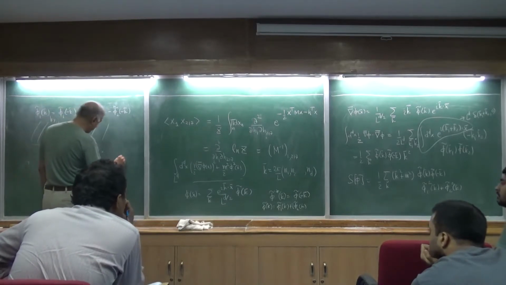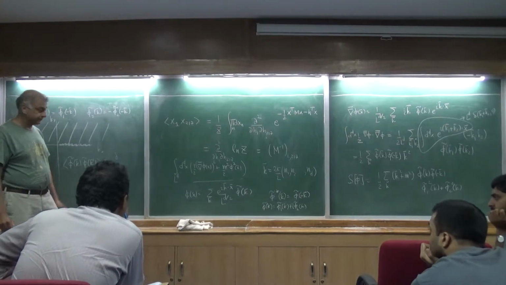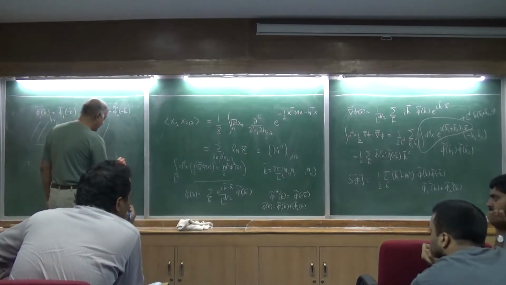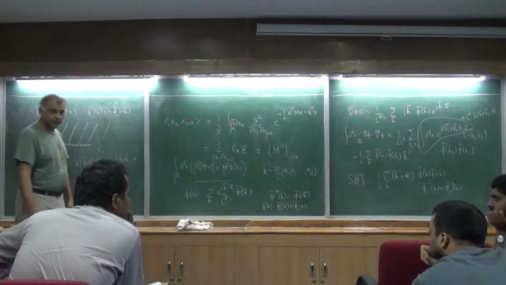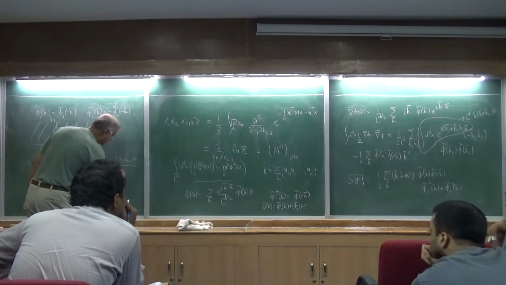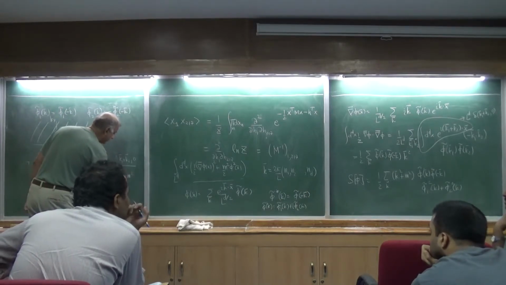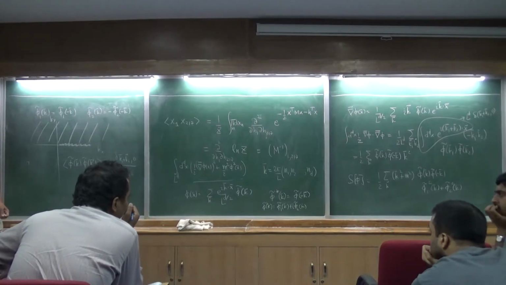So what is the inverse of that matrix? Well, first of all, I have to make sure that it's diagonal, okay? So I'll have to put something that looks like delta of k1 plus k2, product of delta of that, okay? And then it will be just 1 over k1 squared plus m squared.